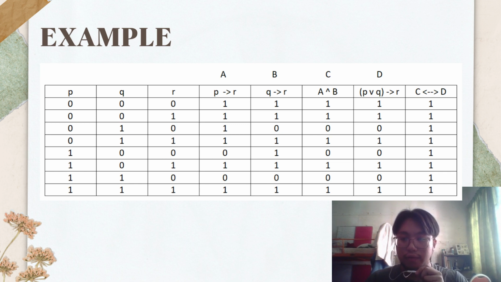So for the last column, we insert the value 1 since every value for C and D is the same. So what is the conclusion from this example? We can say that C and D are logically equivalent by using the truth table.